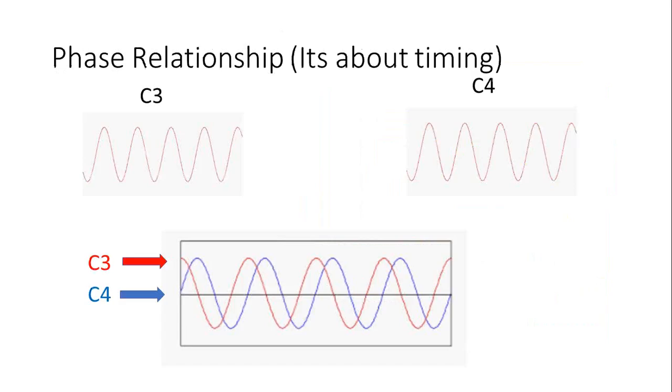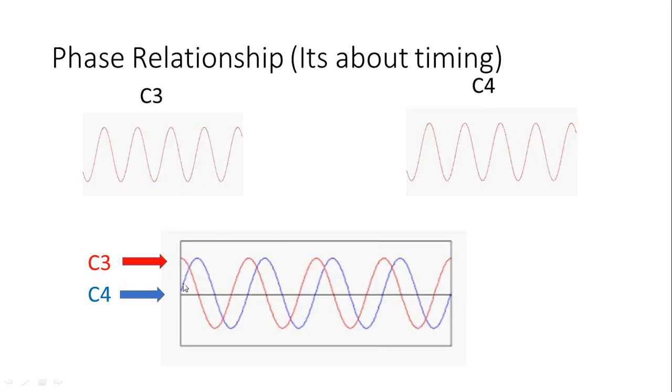So let's look at phase relationships and try to understand a little bit better what Welch's method is, and why Thatcher is so concerned about phase relationship. Here is an EEG at C3 and an EEG at C4, and you can see that it's varying in amplitude, or power, if you will, depending on your unit of measure.